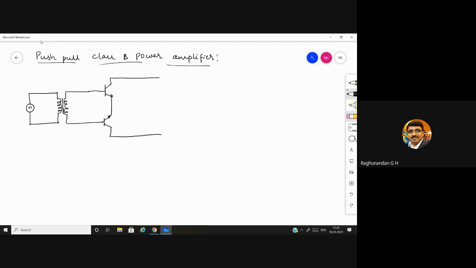Here, what type of transistors have I used? NPN or PNP? NPN, sir. Yeah, we have used NPN transistors. So this is the output transformer.